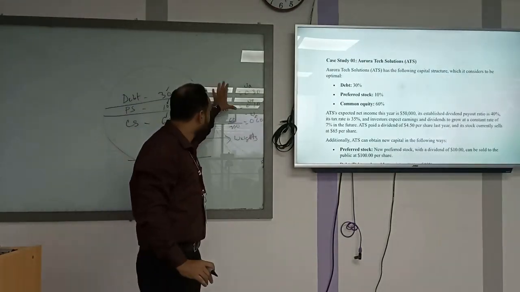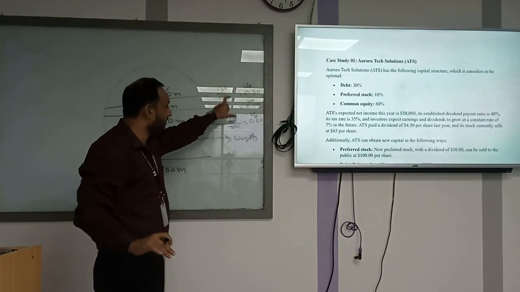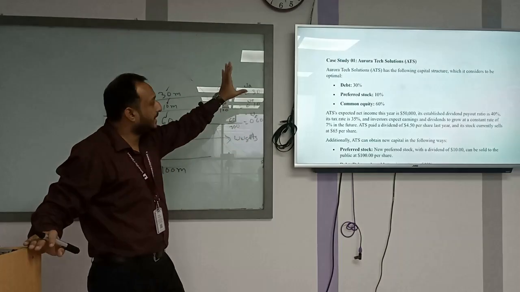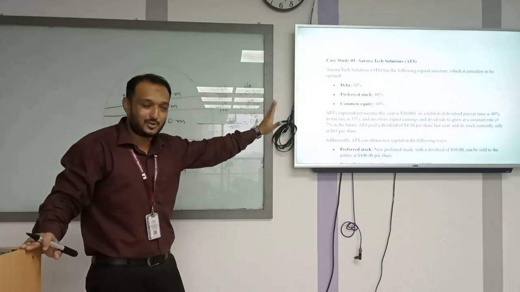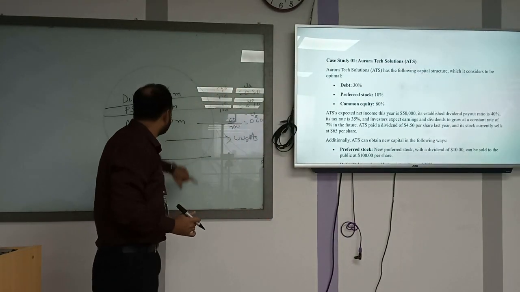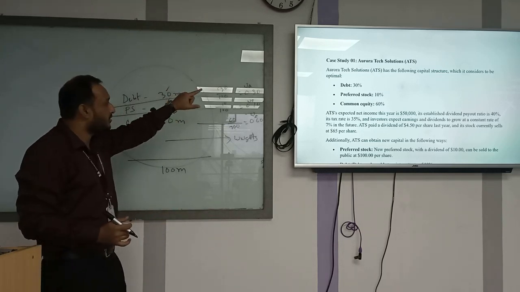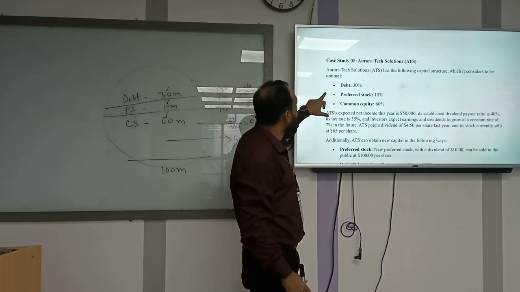So see, if this information had been given to me, then I can easily go for the calculation of the weights. But in this case study, it is already given. The weights are already given. See, it says: forward take solutions of the following capital structures. So these capital structures are presented, which are considered to be optimal.